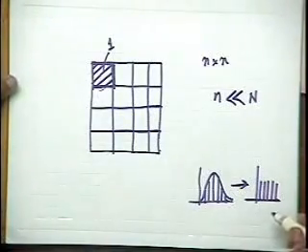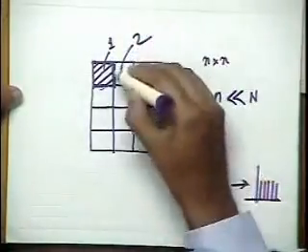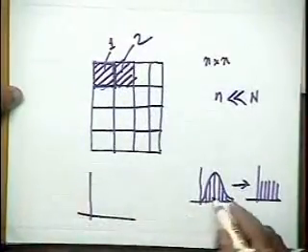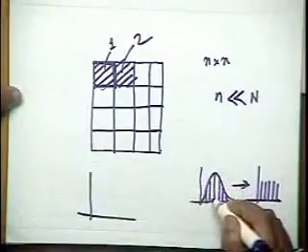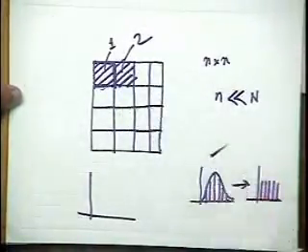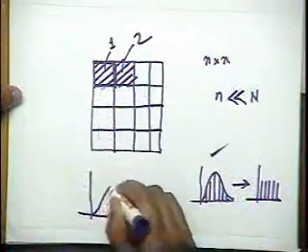Then we consider zone number 2, and we take the histogram of zone number 2. Now the histogram of zone number 2 will be somewhat different; in general, it should be a little bit different from that of zone 1. So the histogram could be something like this.